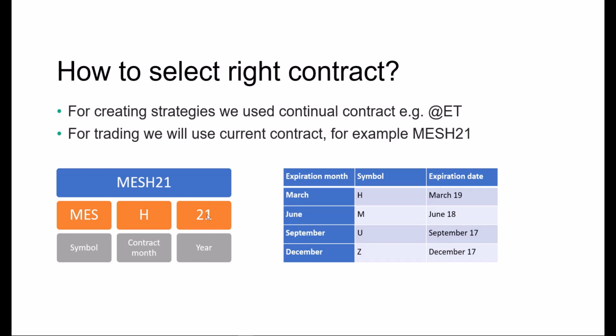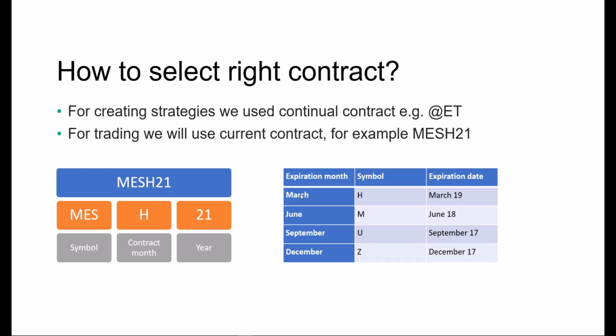Currently we have 2021, therefore we will use 21. So let me explain how to choose this contract month. On the right side we have a table with 3 columns. The first column is expiration month, second symbol, and third expiration date.